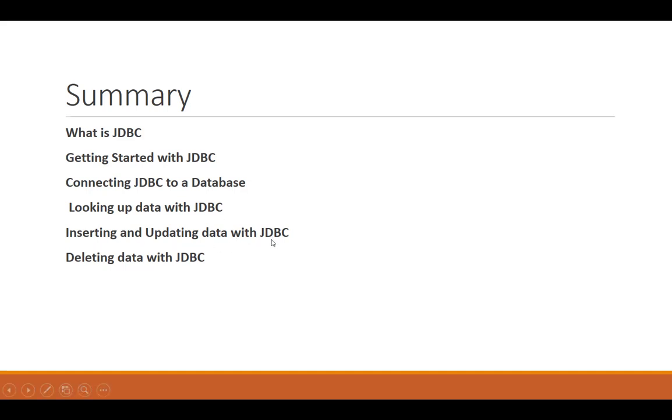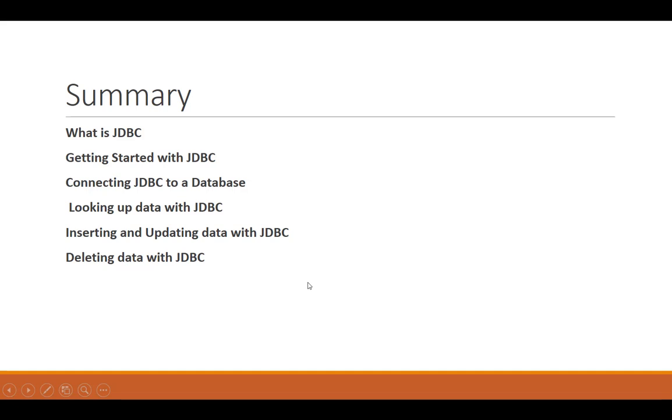In JDBC, you can use a statement or a prepared statement to do that. The only real time you probably want to use a prepared statement is if you're inserting, typically. And then we didn't really talk about it, but with a statement, because you can run any SQL, you can also delete data with JDBC, because effectively you're just passing a string that represents your SQL code.